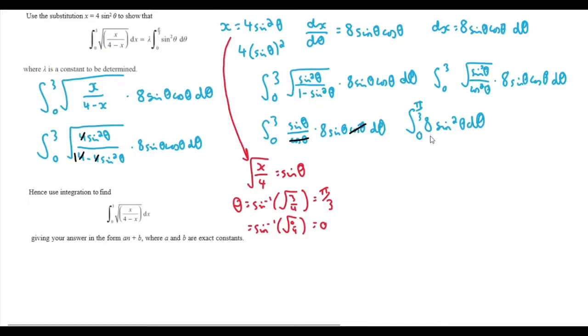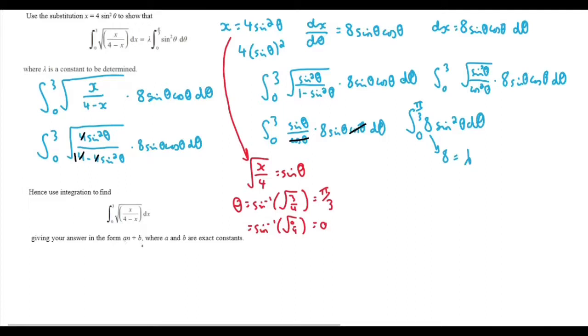And thus, this 8 here equals the lambda, because since it's a coefficient, they can just bring it on the outside. So long as it times back afterwards, it doesn't matter. All right. Now that we have this, use integration to find that integral, giving the answer in the form of a pi plus b, where a and b are exact constants. I believe that's meant to be a pi rather than n.